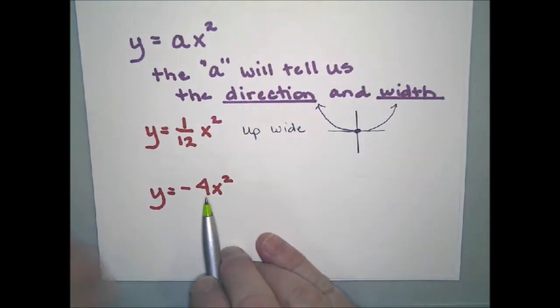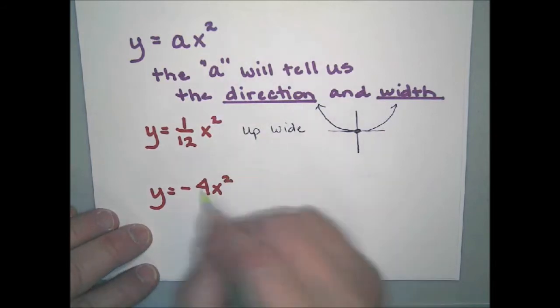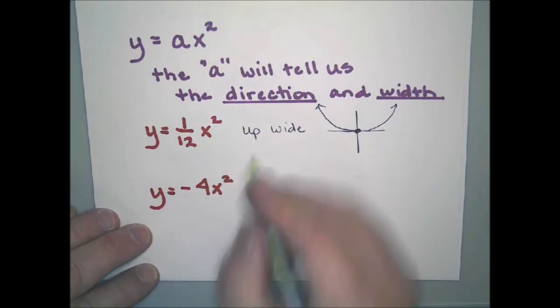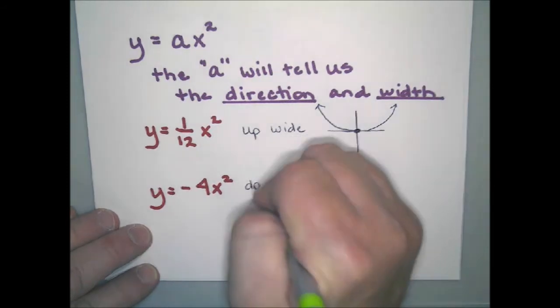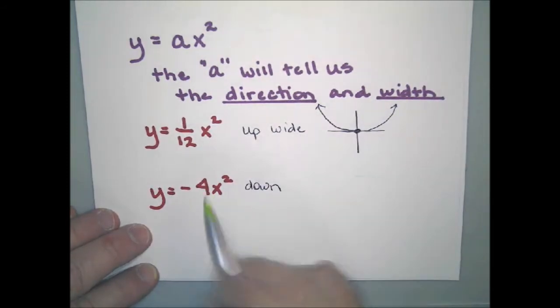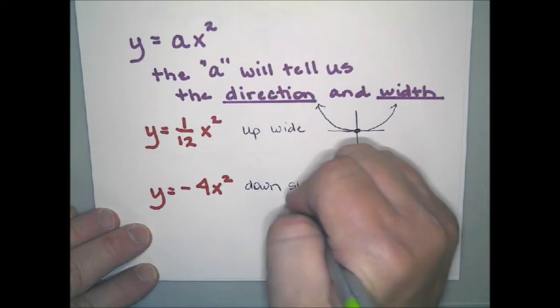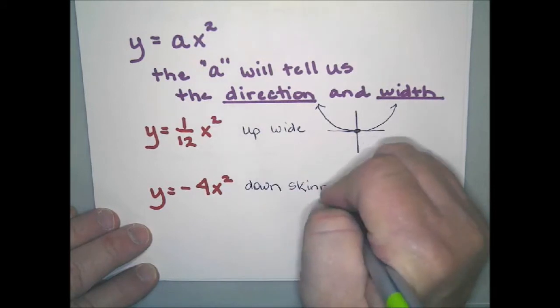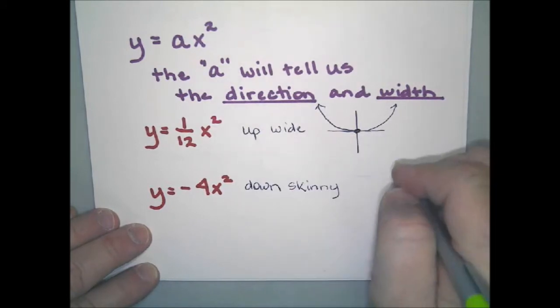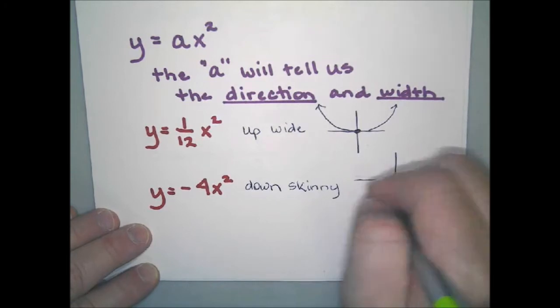Now, what about y equals negative 4x squared? A general description, because of the negative, it would be down. And because of the 4, it would be, for lack of a better word, skinny. It would be a down skinny parabola.